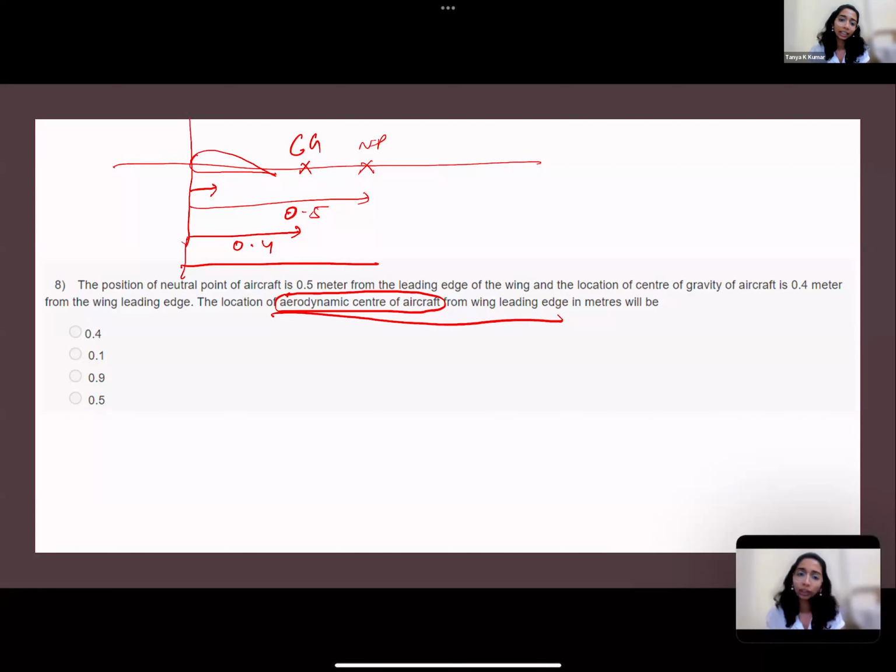Anyone else? Any other answer? What is aerodynamic center of the aircraft? Can someone tell me? We just discussed what is aerodynamic center, in the beginning and middle of this class. Can someone tell me the plain definition of aerodynamic center?